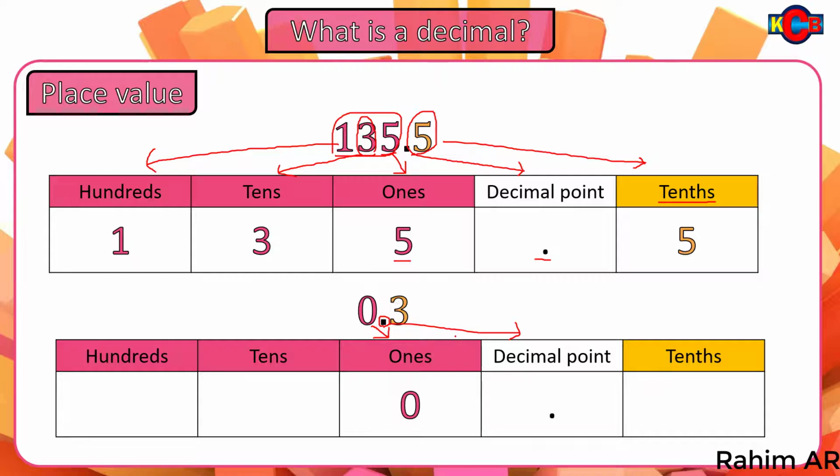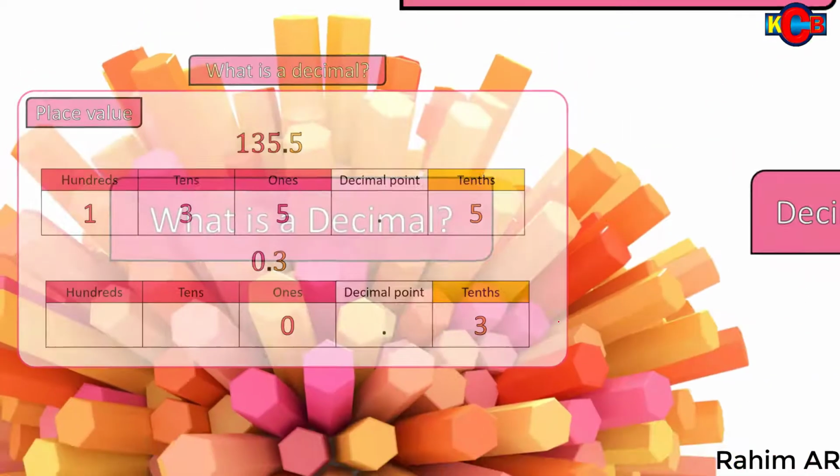So, the place value of 3 here is tenths. I hope you can understand all of that. If you still don't understand, you can repeat the video.